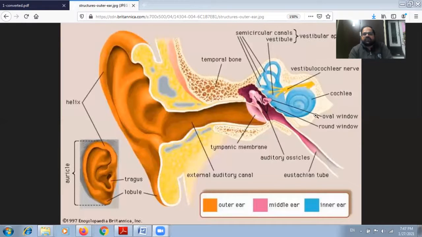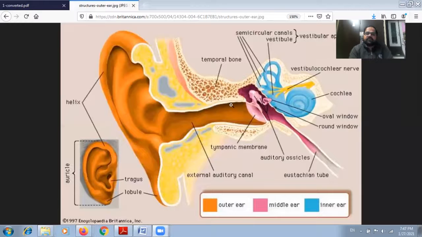We can see here the sky blue colored structure is representing the internal ear, and in between the middle ear and internal ear there are two membranes, and both of the membranes have different names. We can see here the oval window and round window. So a total of three membranes are there.